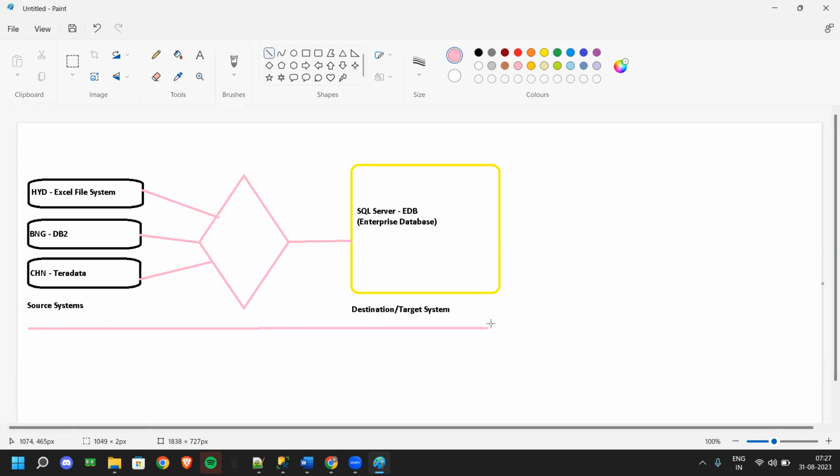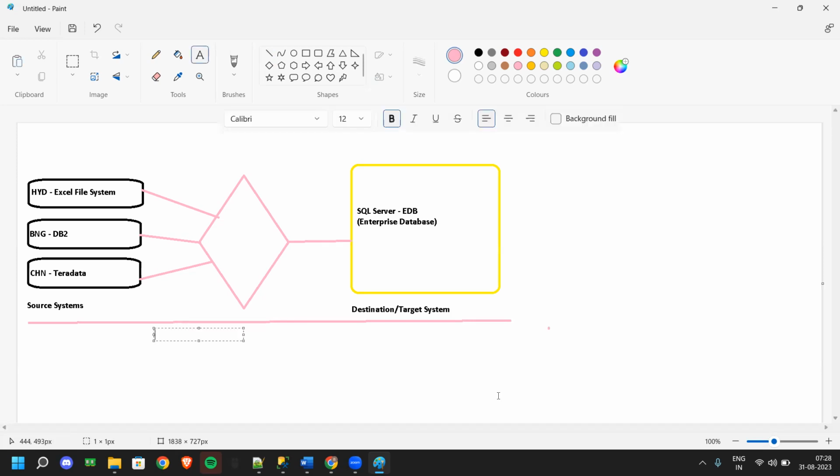We call this data integration, or else the ETL process. When I say ETL, I need to give the full form: extraction, transformation, and loading.